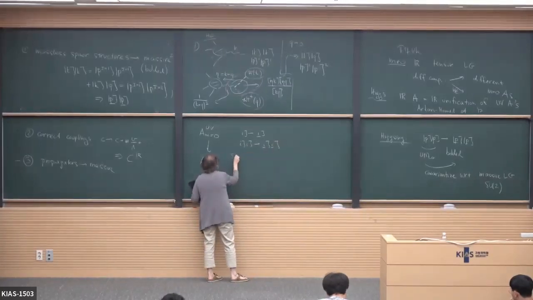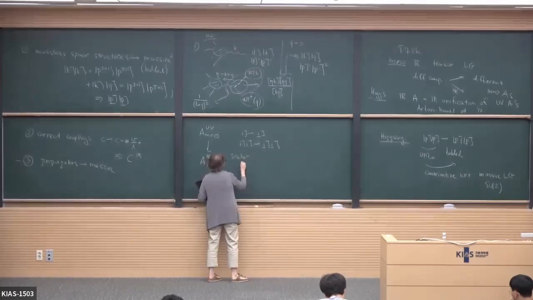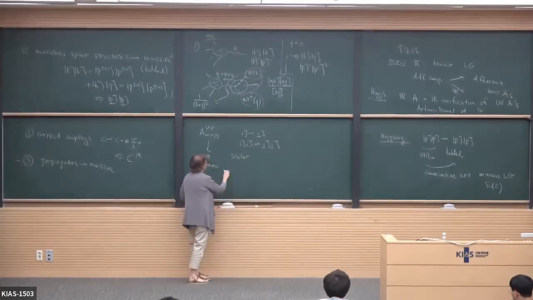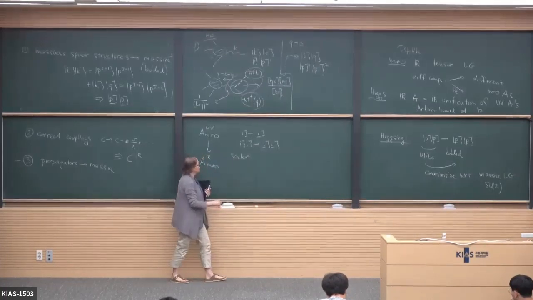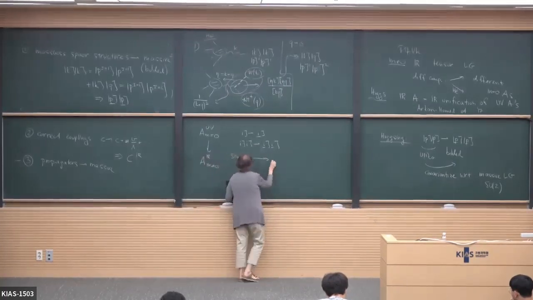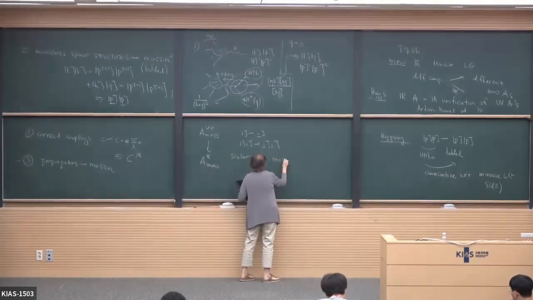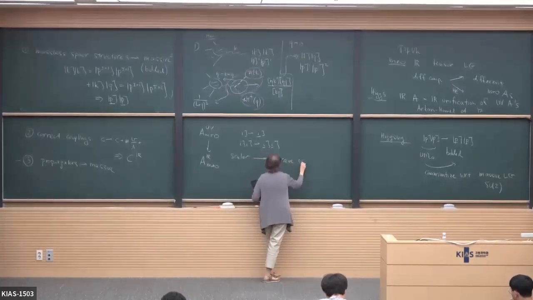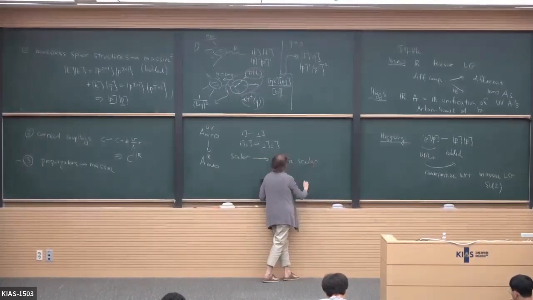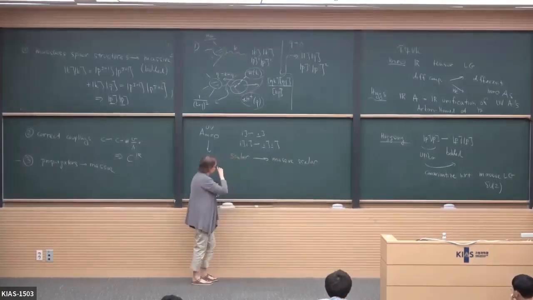And then the more interesting case is a scalar. So suppose I have a scalar in my high energy amplitude. It's a massless scalar. First of all, it just gives rise to a massive scalar in the low energy theory.